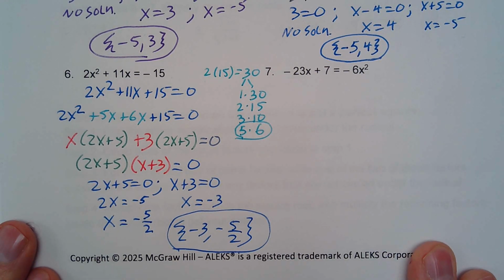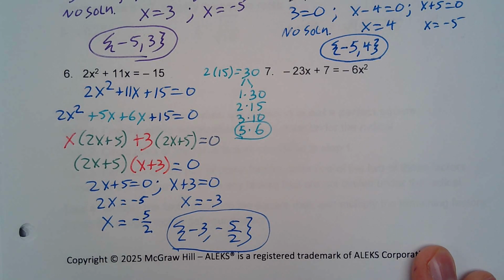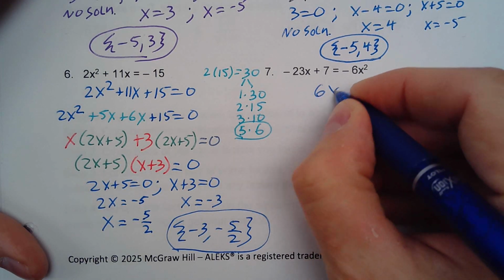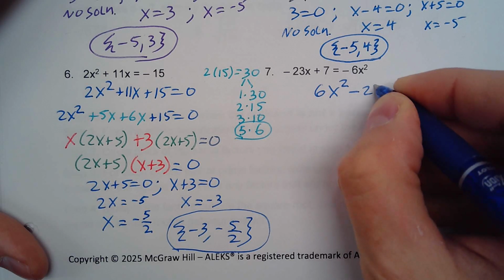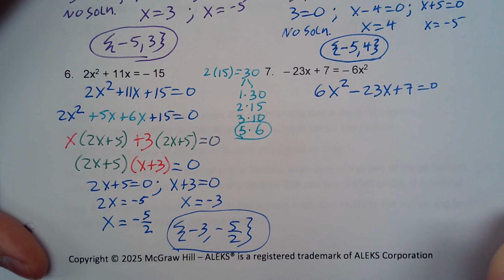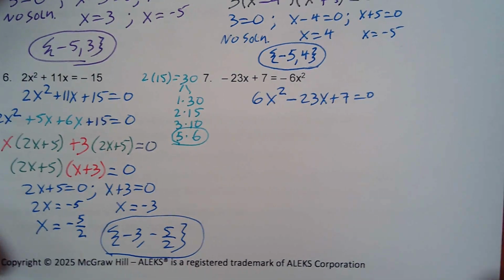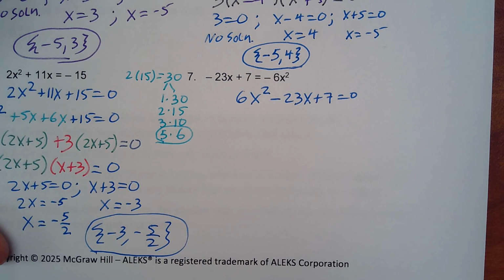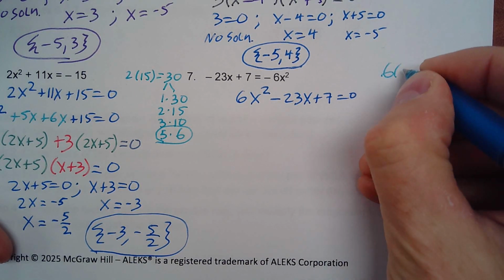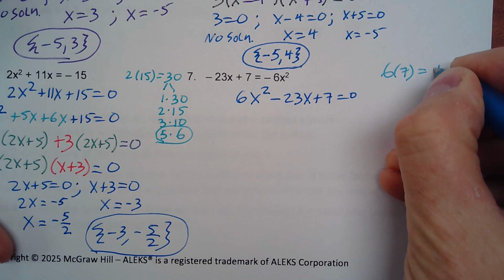And let's try this one over here. So we're going to go ahead and again get 0 on one side. The easiest thing to do is add 6x squared to both sides. So it becomes a positive 6x squared minus 23x plus 7 equals 0. Going to do our AC method. So I'm going to take 6 times 7, it's 42.